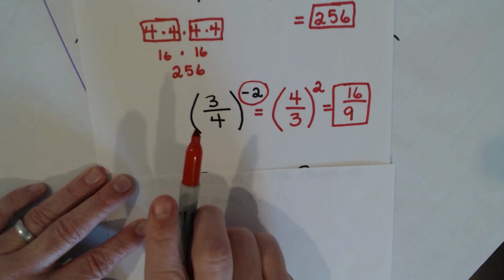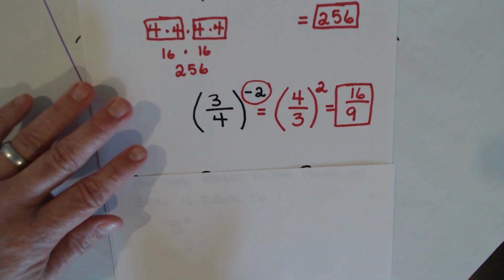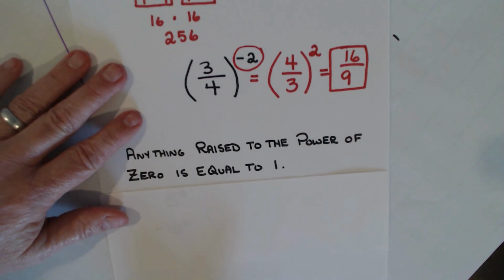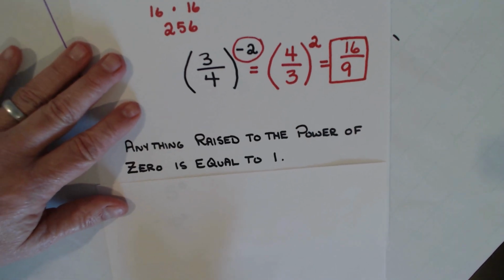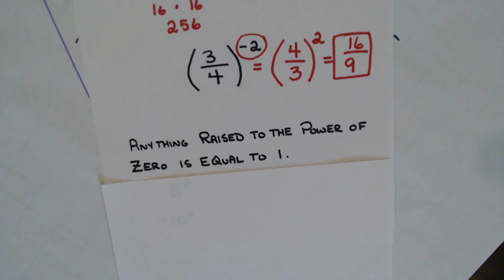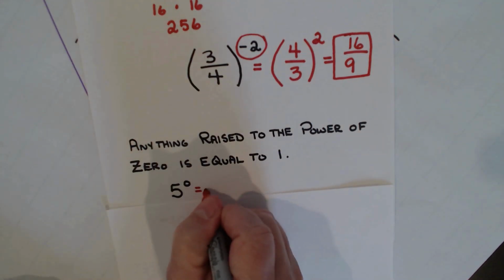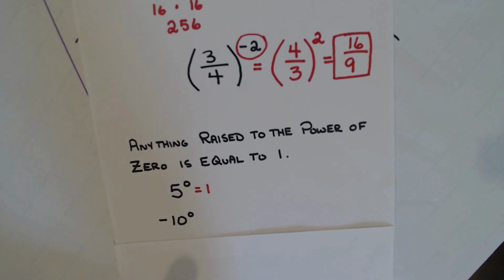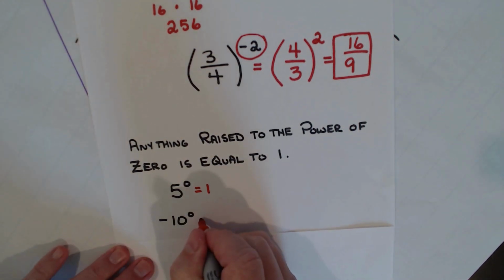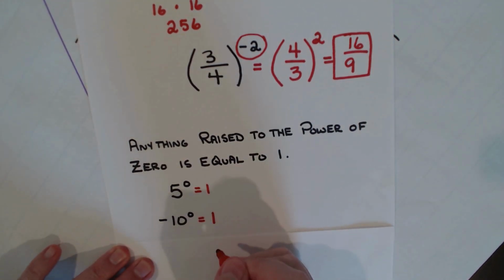One other rule that I went over in class that you need to be reminded of for these types of problems is this: anything raised to the power 0 will always be equal to 1. It doesn't matter what it is. 5 to the 0 power is equal to 1. -10 to the 0 power is equal to 1.